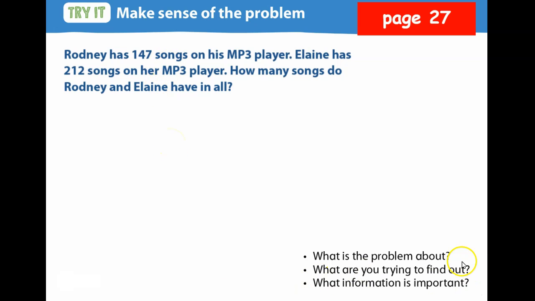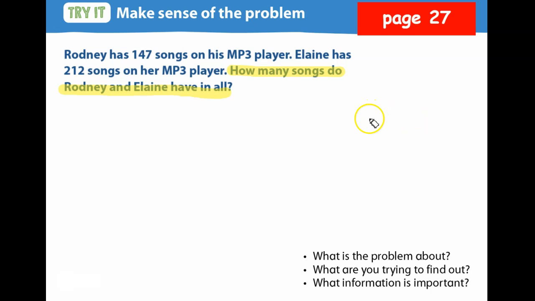Okay. What are we trying to find out? How much they have together. Right? Here's what we're trying to find out right there. How many songs do Ronnie and Elaine have in all? Okay. What information is important?